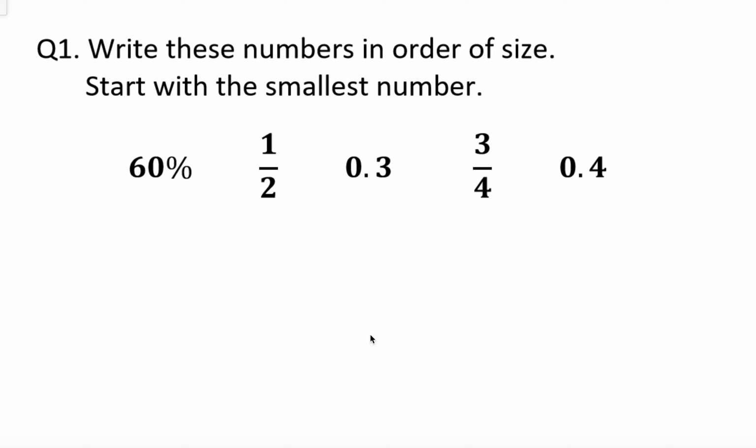So we've only got to do three others. So let's look at 60%. Well, 100% is 1, so 60% is going to be less than 1, and 60% is actually 0.6.